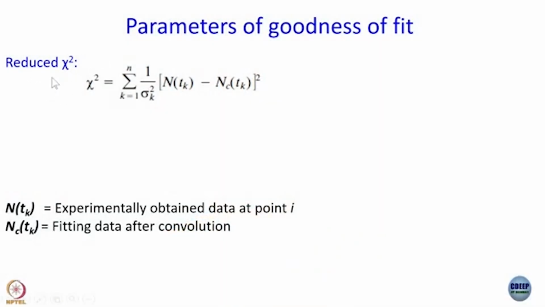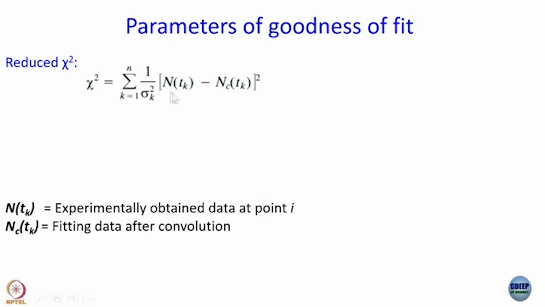Fortunately, when you do photon counting, it becomes a little easier to answer that question. So, the parameter of goodness of fit that is used is reduced chi-square. Now, the expression that you see right now is not reduced chi-square completely, it is on the way to reduced chi-square, it is chi-square. But let us see what we have here. What is the denominator? Sigma k square, sigma standard deviation, square of standard deviation, variance.